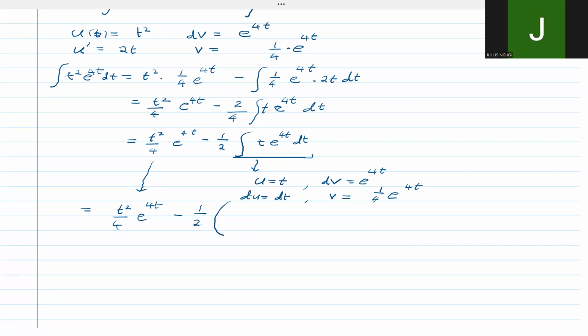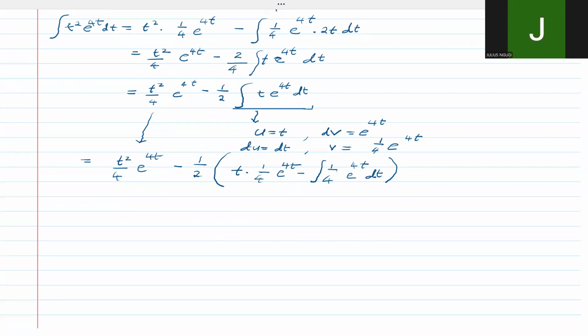We start with u, that's t, multiplied by v, that's 1 over 4 e to the power of 4t, minus the integral of v du. And the v is 1 over 4 e to the power of 4t, and the du is dt. So we have done that.